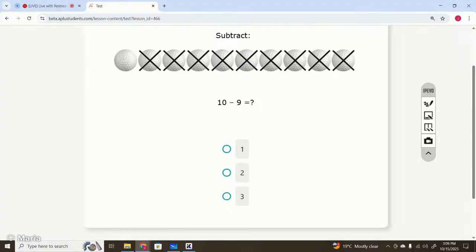Ten take away 9 is 1. Option number 1 is the correct option.